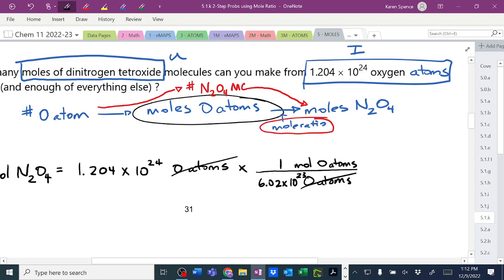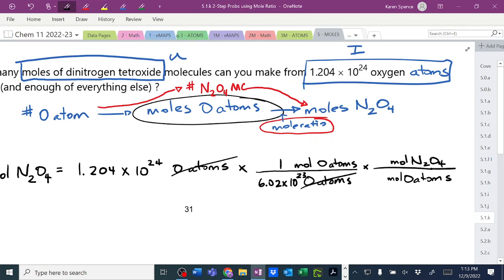If I know moles of one substance, I can convert it into moles of the other substance. So we have O atoms need to be canceled, moles of O atoms. And we need to find moles of N2O4. And remember, we just find this from the chemical formula.